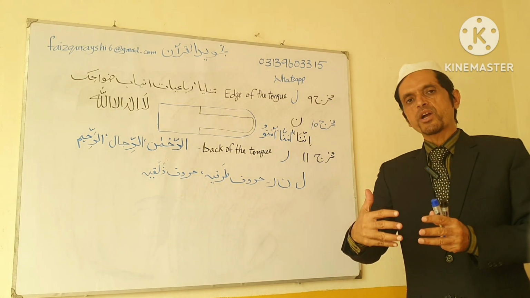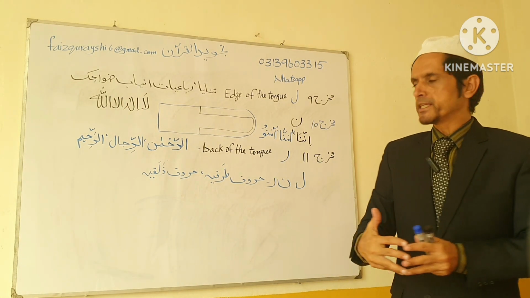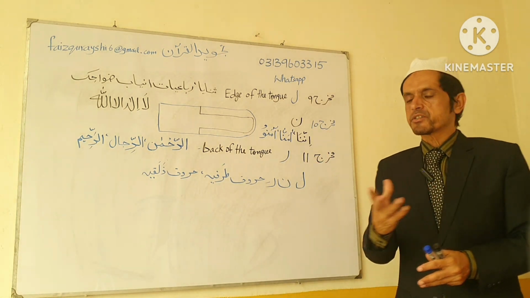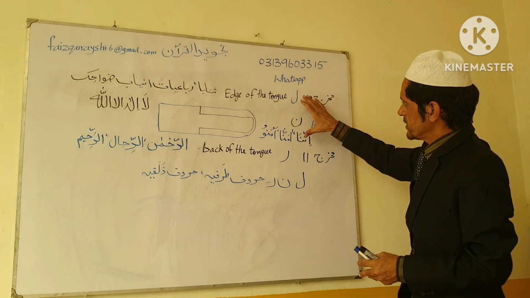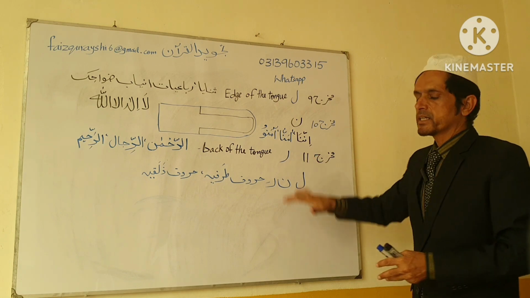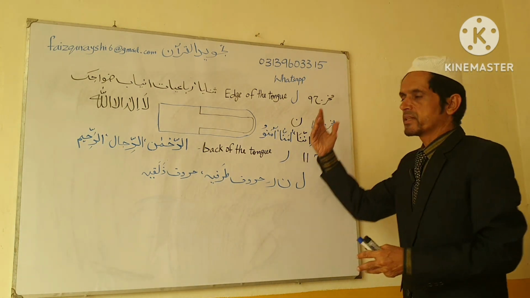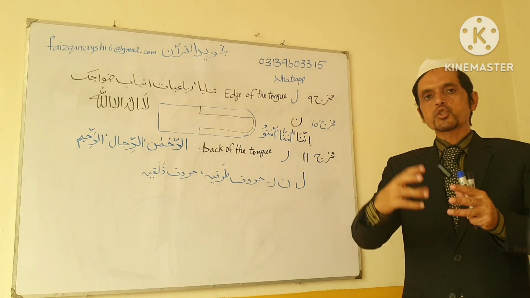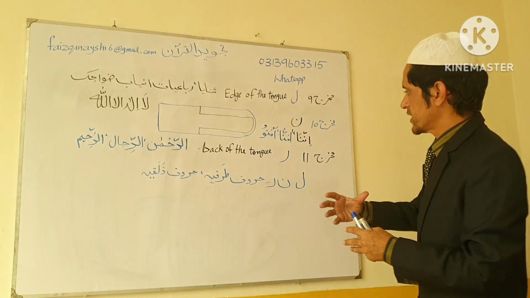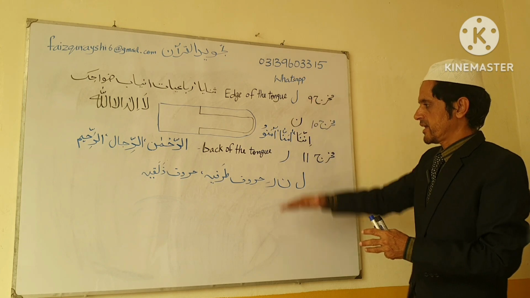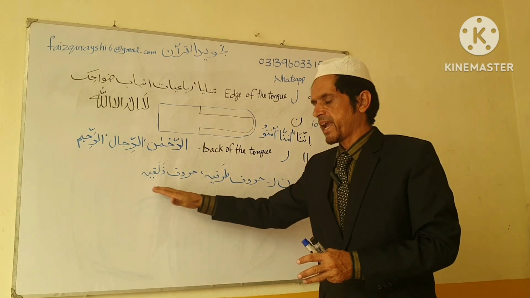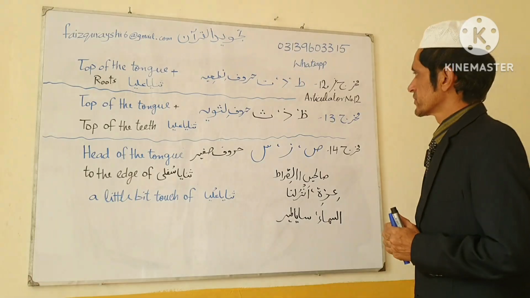The articulation points are extremely near to each other. So many small children sometimes articulate Ra with Lam, because their articulation points are so near that the children cannot differentiate between Ra and Lam. And these three letters are called hurufi tarafiyya and hurufi zalaqiyya.